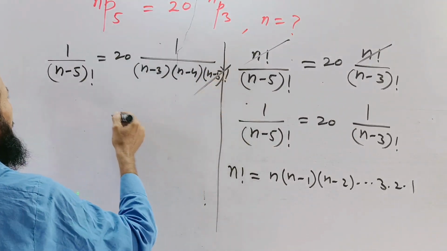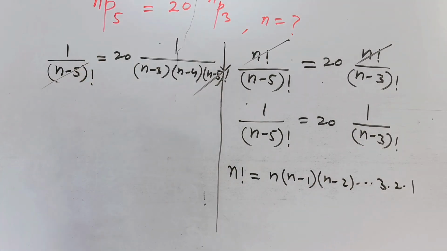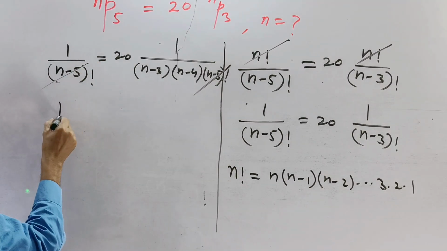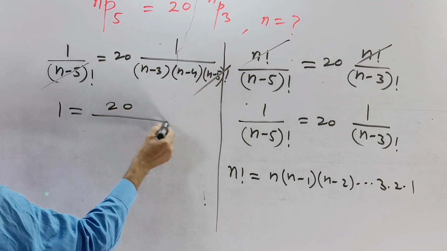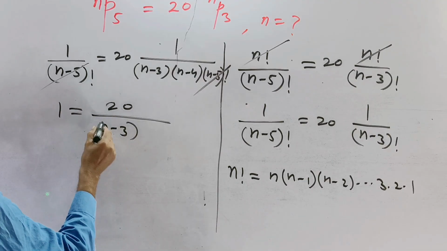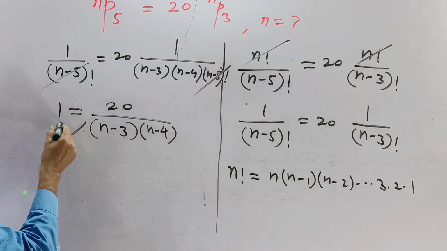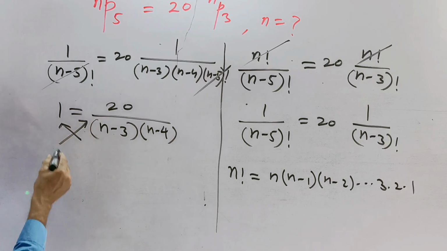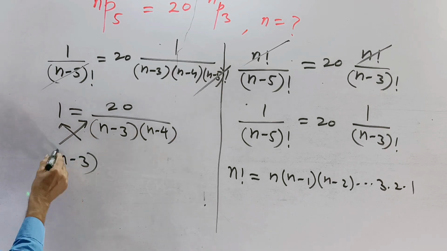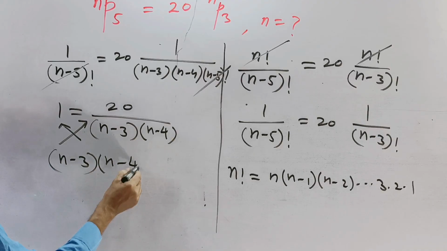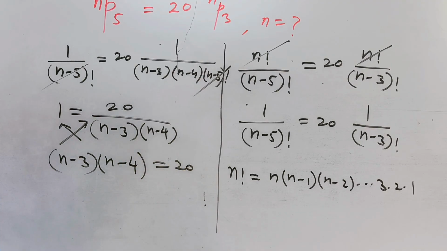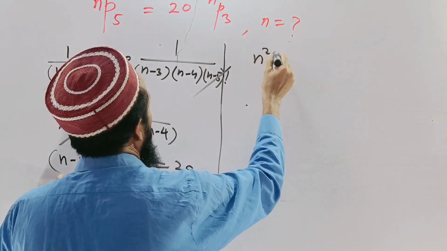So (n minus 5) factorial and (n minus 5) factorial cancel. Now we get 1 is equal to 20 divided by (n minus 3) times (n minus 4). By cross multiplication, we get (n minus 3) times (n minus 4) is equal to 20.